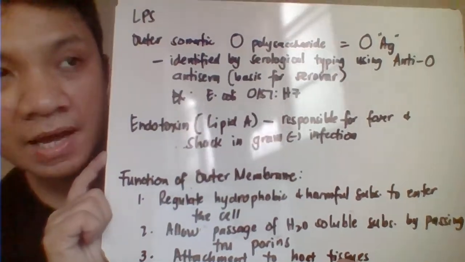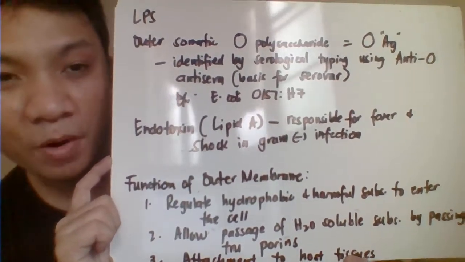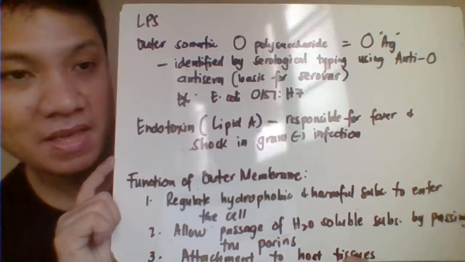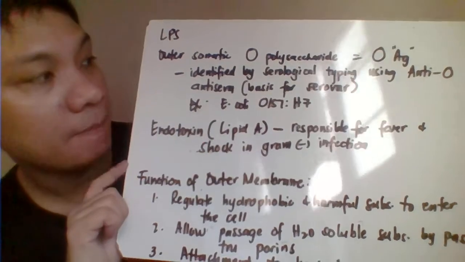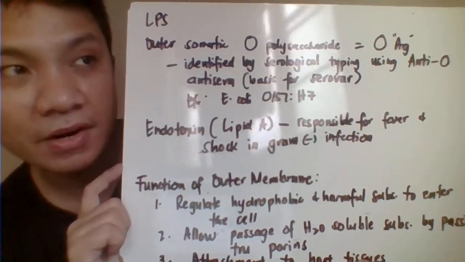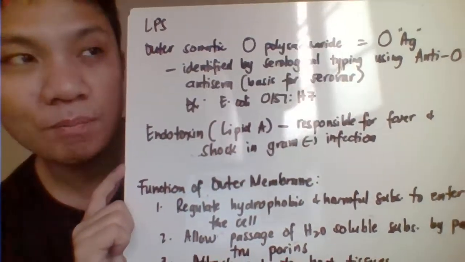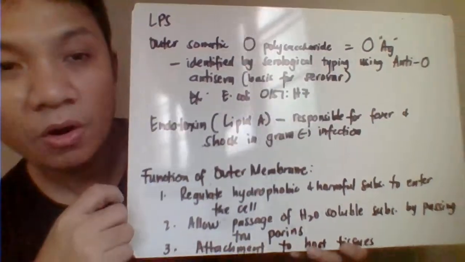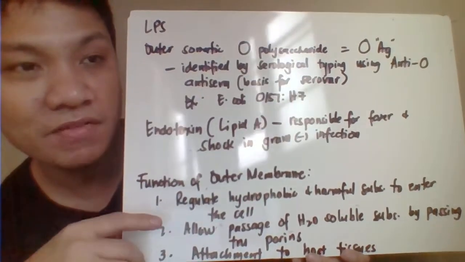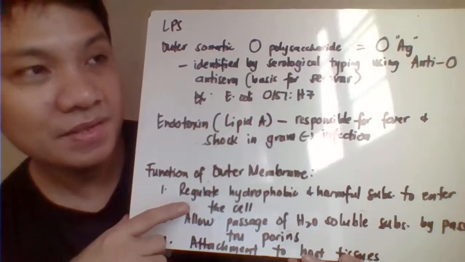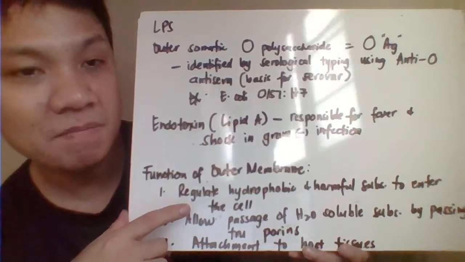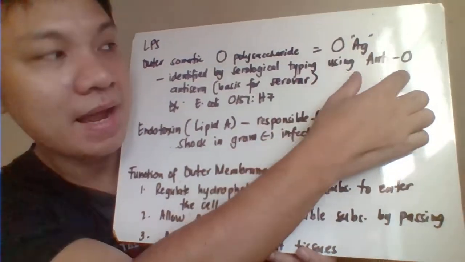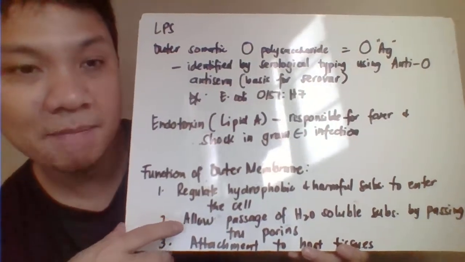Okay, now we go to the lipopolysaccharide layer of the outer membrane of your gram-negative bacteria. So again, it's made up of the layer somatic O polysaccharides. The somatic O polysaccharides form part here as the O antigen or somatic antigen of your bacteria. The somatic antigen could be identified by serological typing, by the use of anti-sera, like your anti-O, which is an antibody.